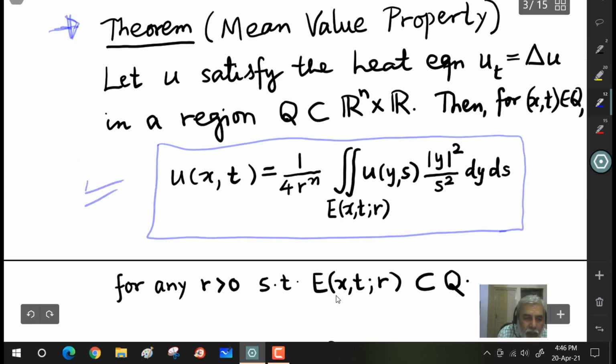Big question mark. That is not clear. There are lots of things still to be analyzed and found out, and whether this kind of mean value is the best possible thing, or are there other ways of finding the mean value.